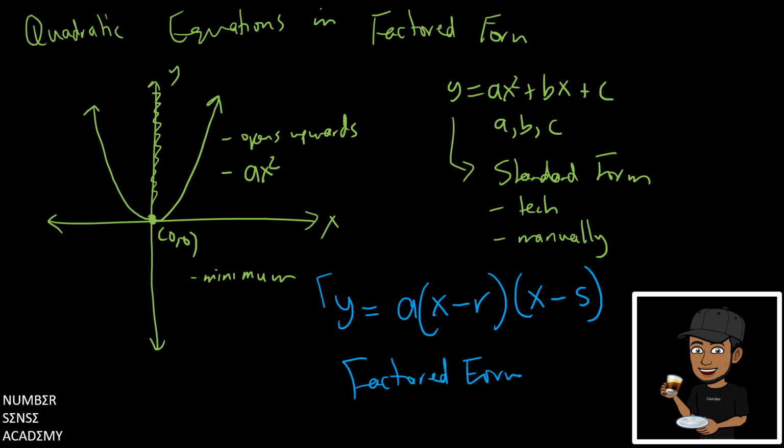And in factored form, I still get a lot of useful information. So let's look at what we get. We have y equals a times (x minus r) times (x minus s). The first thing we get is an idea about the compression: is it pressed against the y-axis or against the x-axis?